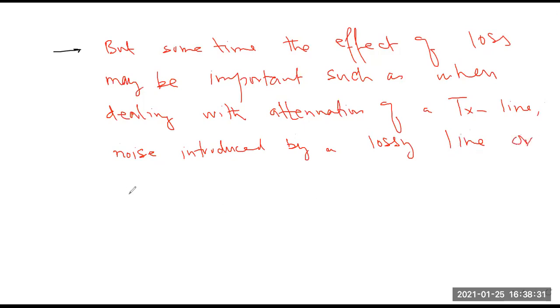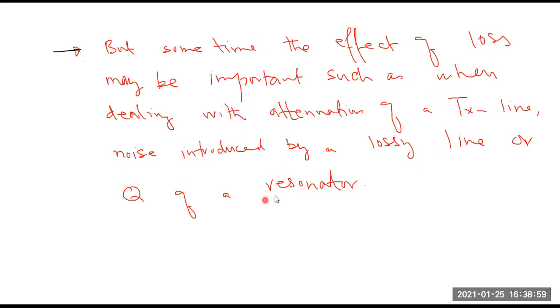Or sometimes we need to find out something called quality factor, abbreviated as Q factor, of a resonator circuit. So it means that we cannot always ignore losses of a transmission line. And these are some of the cases that I have pointed out.